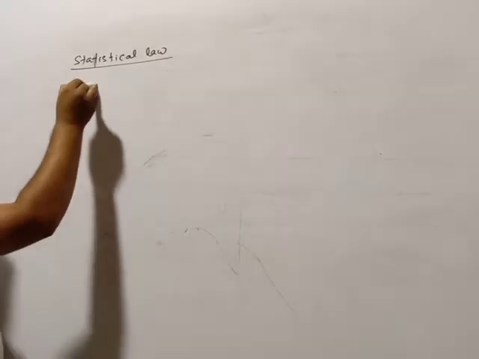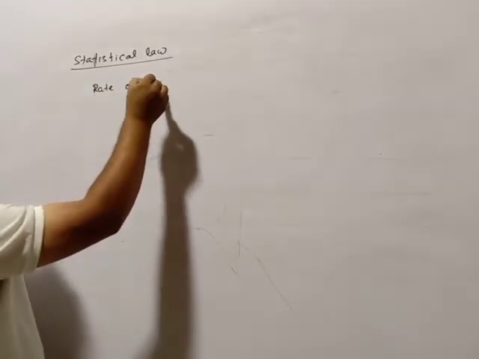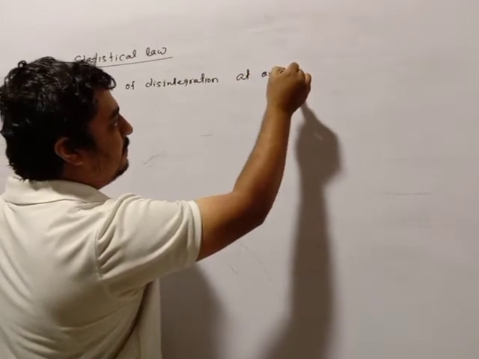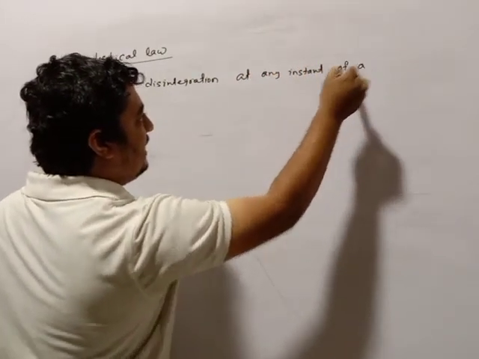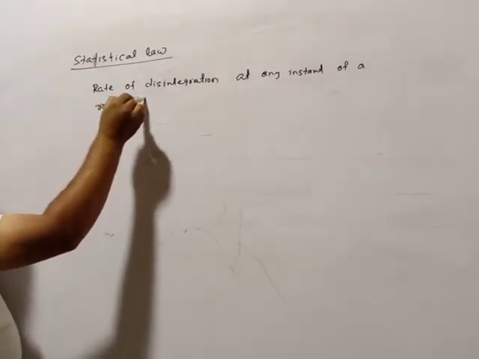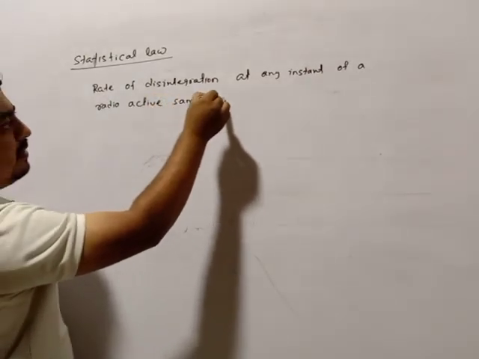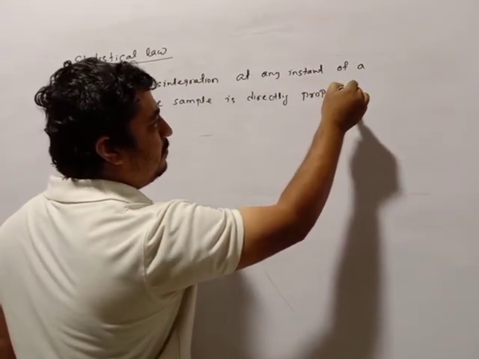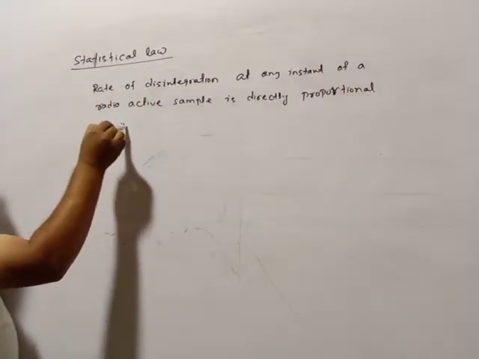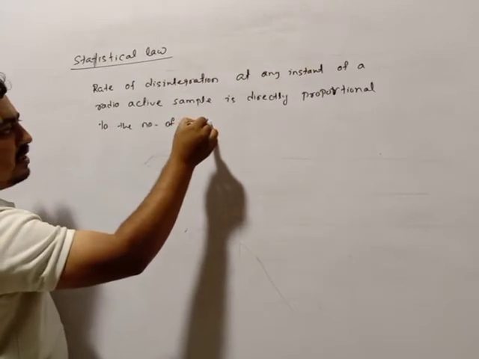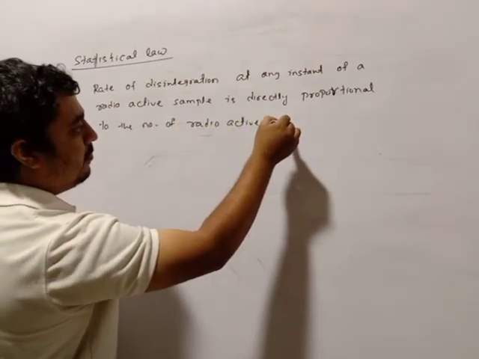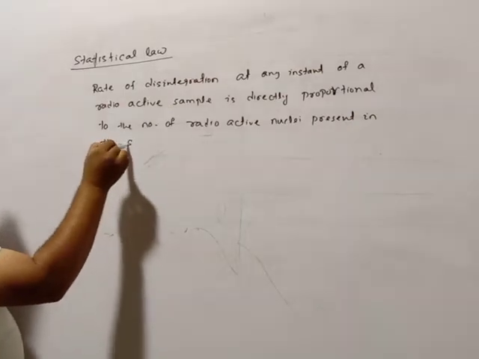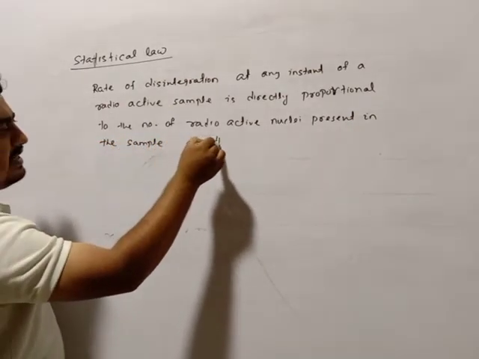It says that the rate of disintegration at any instant of a radioactive sample is directly proportional to the number of radioactive nuclei present in the sample at that instant.